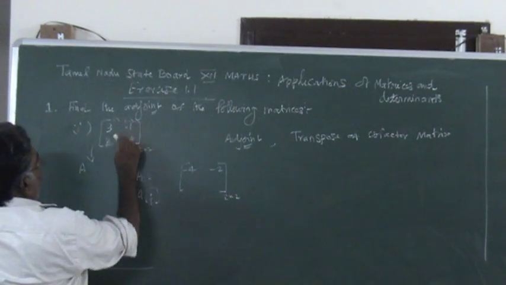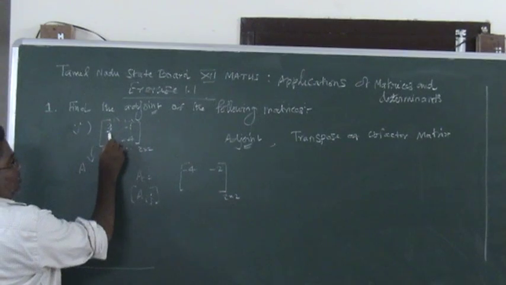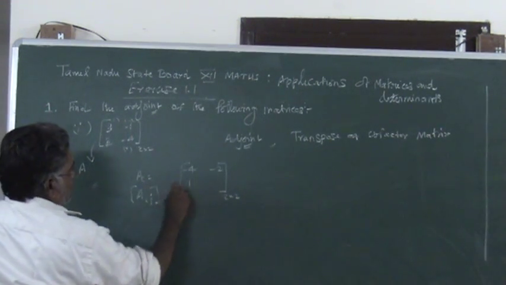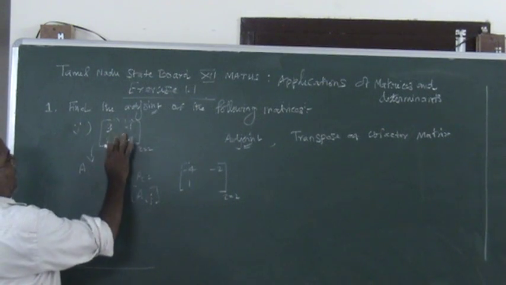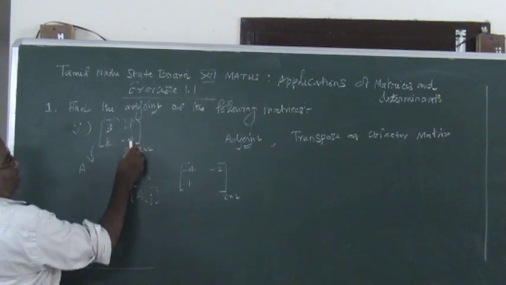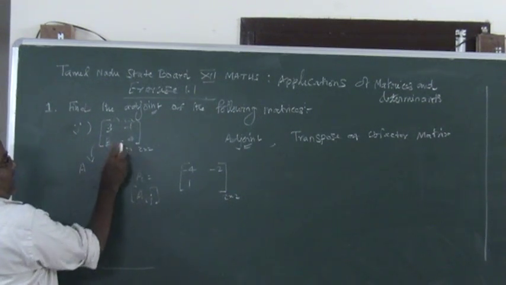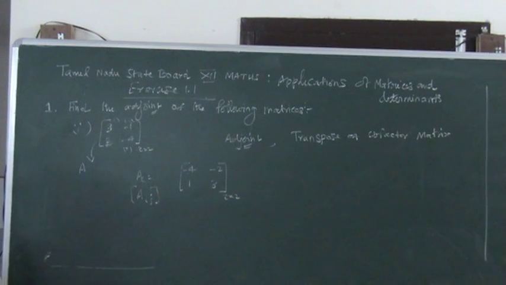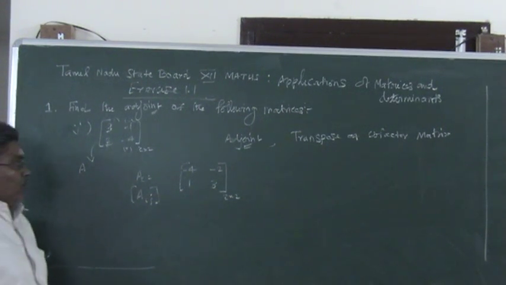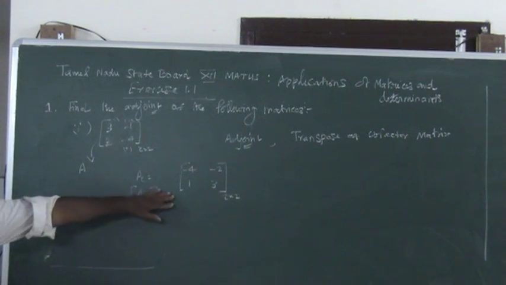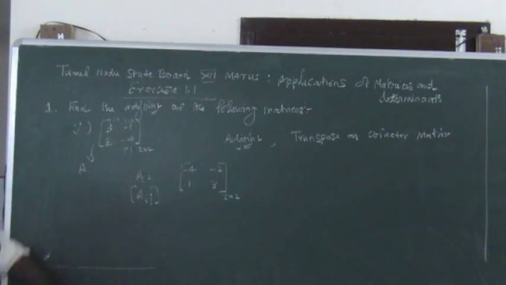Similarly, you want to find the cofactor of minus 2, which is minus 1, but negative. Minus of minus 1 is plus 1. Similarly, you want to find the cofactor of minus 4. So, this column, this row you forget, this 3, but that has to be taken as it is. So, minus 4, minus 2, 1, 3 is the cofactor matrix of the given matrix.